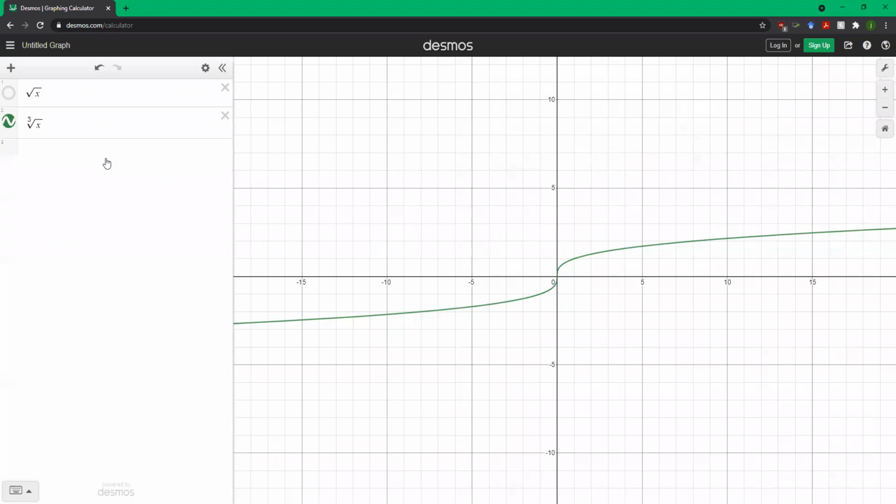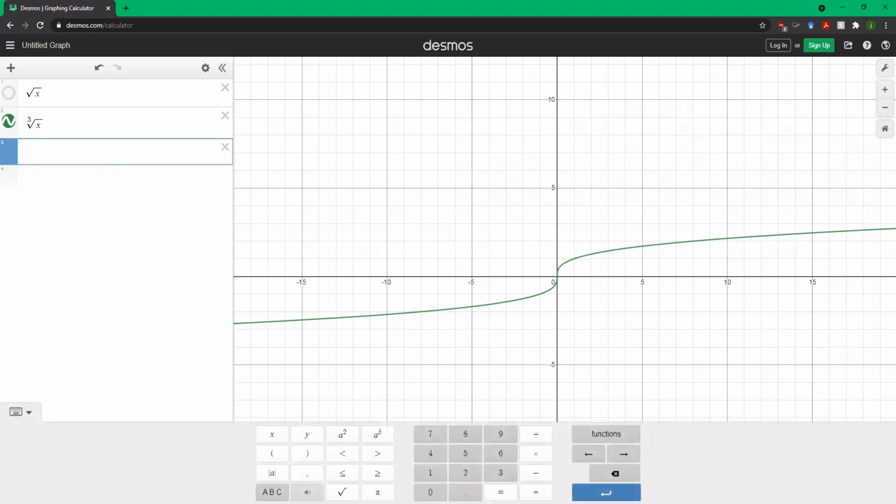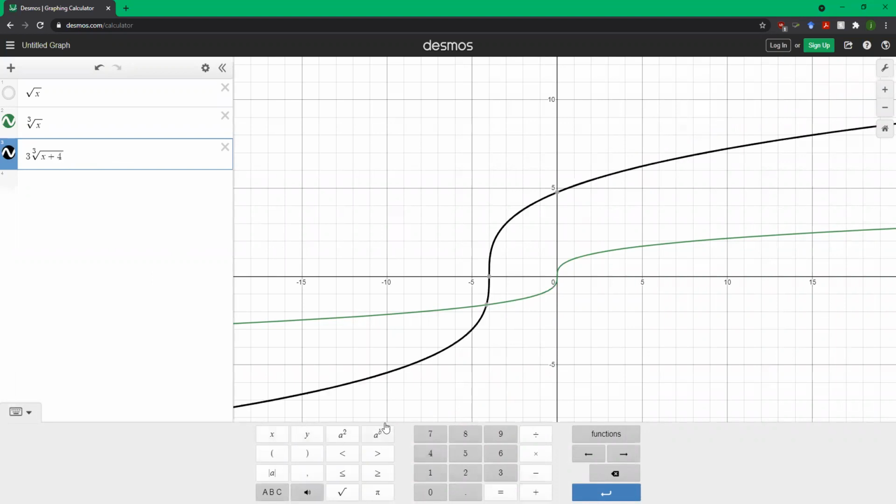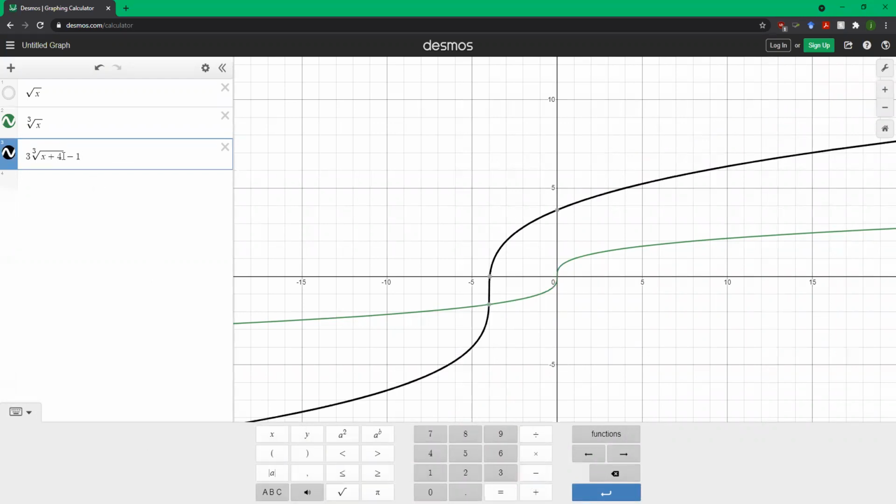I'm going to get rid of the purple one and do the new one. I already forgot, it's 3 times the cube root of x plus 4. The minus one is not underneath the cube root, so I press outward so that it goes outside of the cube root, like so.